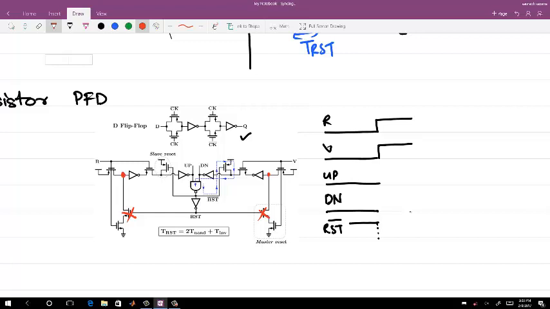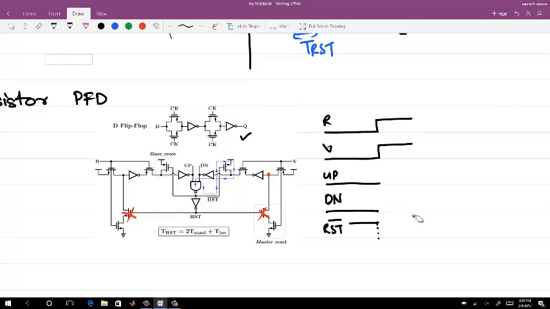When R goes from 0 to high, at that time what happens is, before your reset signal goes low, this node is actually pulled to ground. So the inverter output node is actually VDD. Sorry, when R is equal to 0, at that time PMOS pulls this node to VDD.